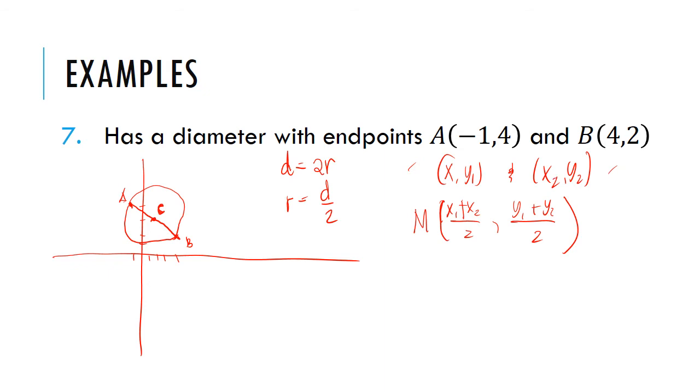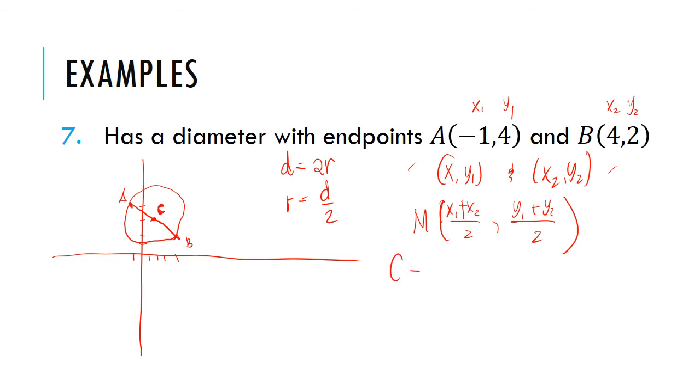So I have here the endpoints of the diameter, which is of course a line segment, (x1, y1) to (x2, y2). So I could get the midpoint, which is actually the center of the circle.